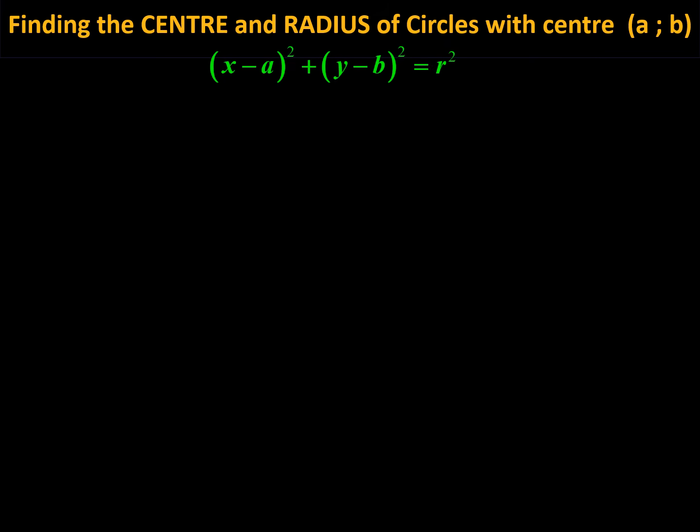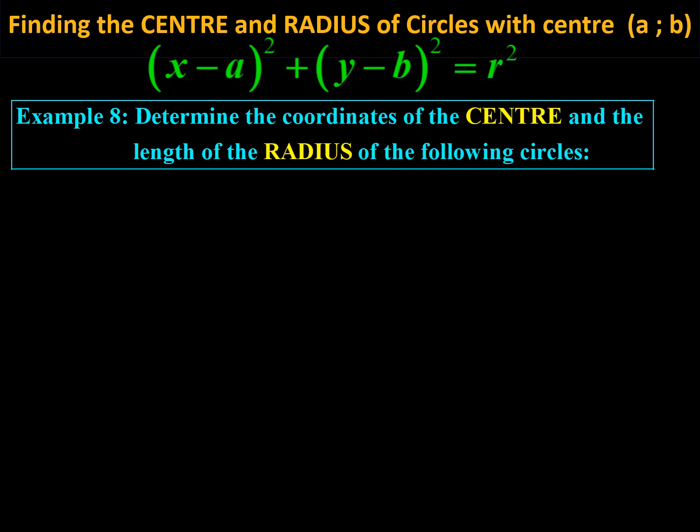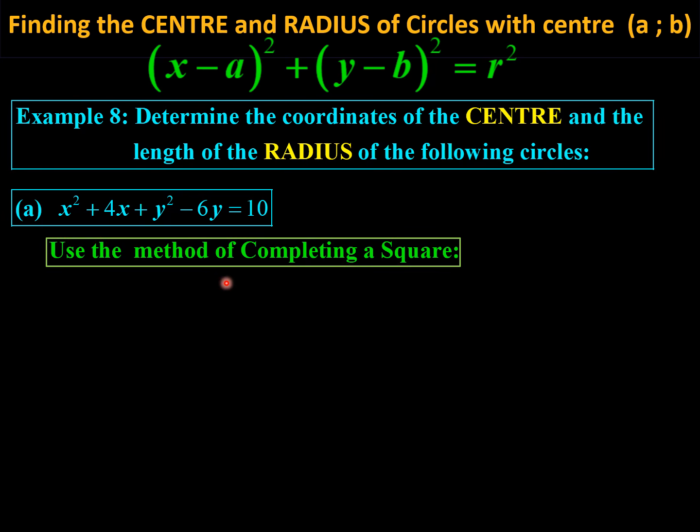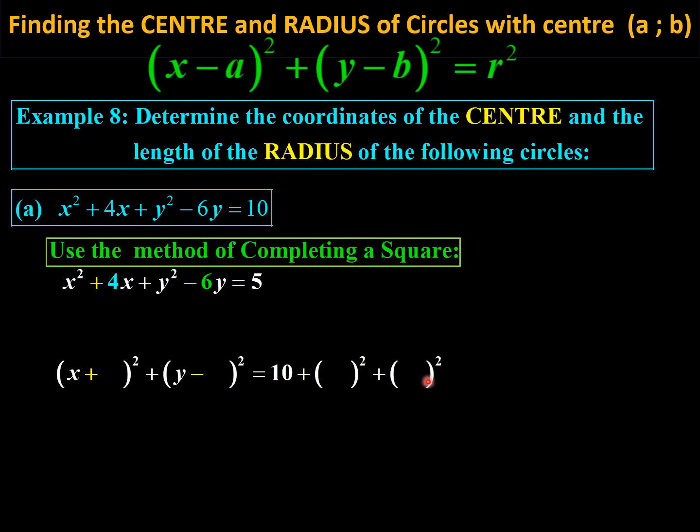So there we have our formula, which is given to us. So let's take the first one. So what I need to do is I need to write this equation in that form. So let's start off with the form first, right? And the method that we're going to use here is the method that we did in grade 11 on completing a square. But we'll just show you the very simple way of doing that. So this is the format that I want. That plus sign will remain a plus sign.